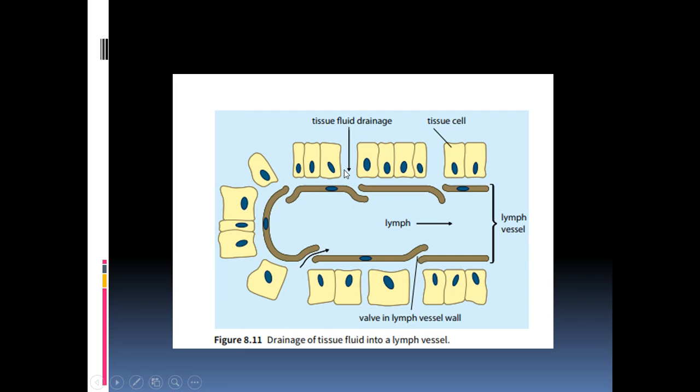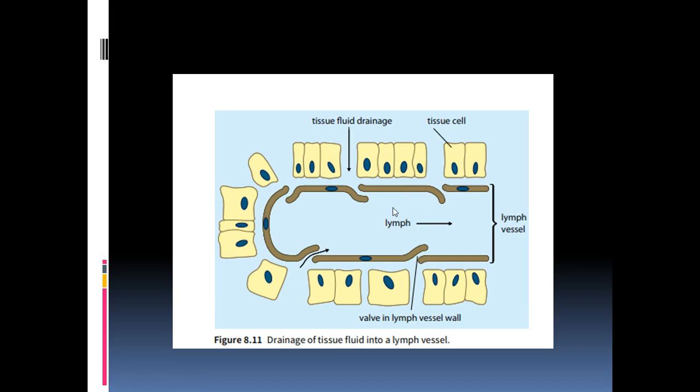Too much protein in the tissue fluid will cause water to move out from the cells, and this might damage the cells. And once the tissue fluid is inside the lymph vessel, it is known as lymph.